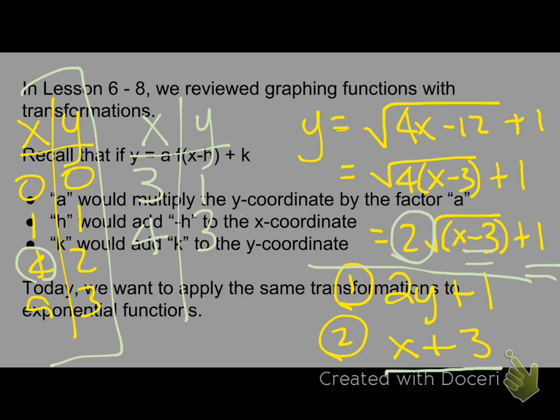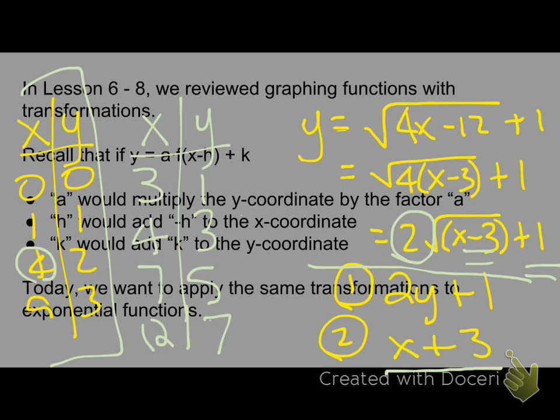Try again. 4 plus 3. Okay. 2 times y plus 1. Perfect. 9, 3. Christina Cowan. Yep. 7. Great. 12 and 7.